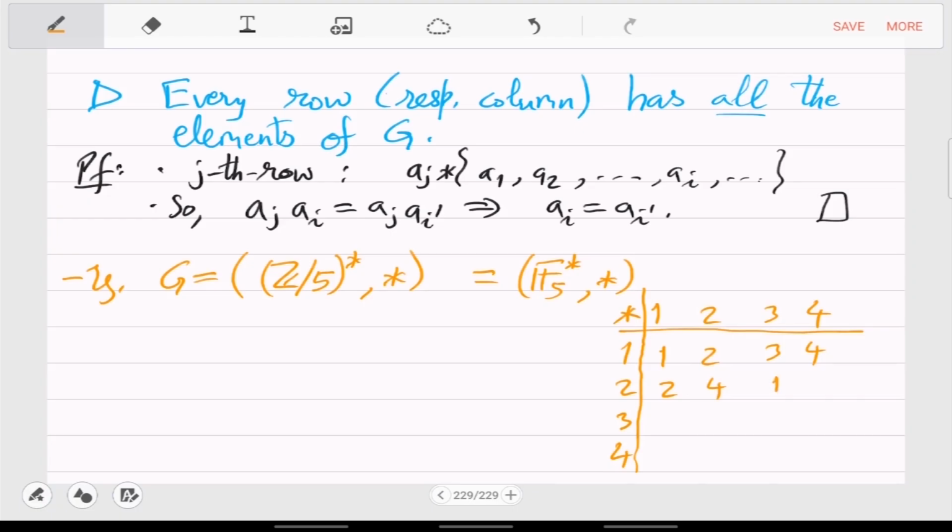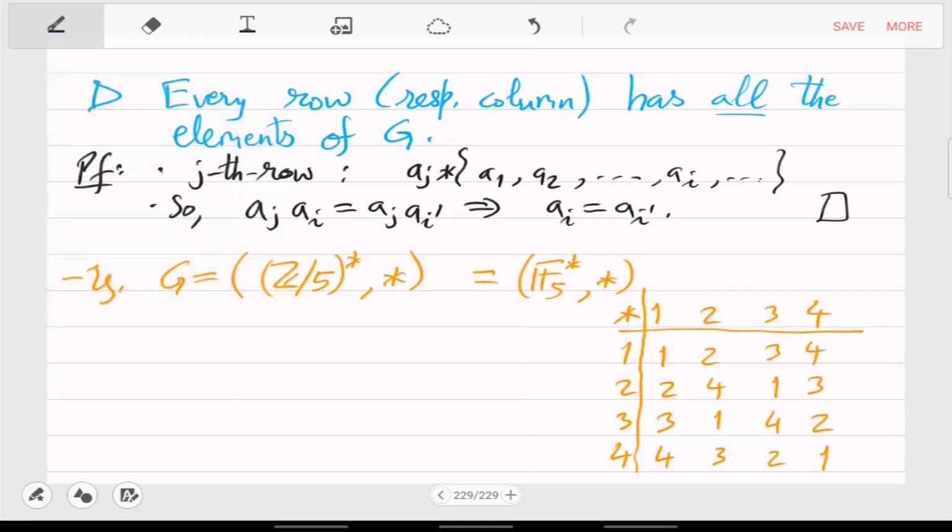That's 1. So you can see that rows have distinct elements and columns also have distinct elements. That's the multiplication table for this group.